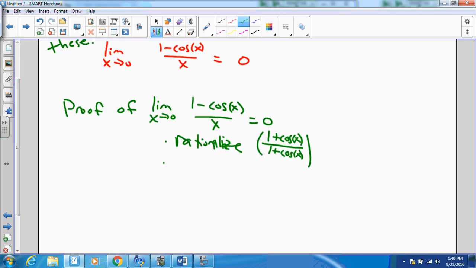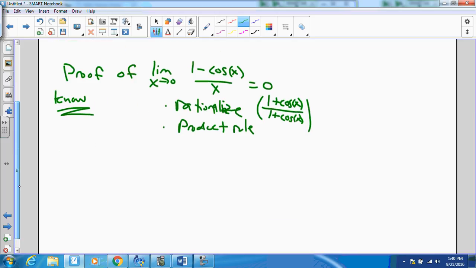And after we rationalize, then we use our product rule to peel off the factors of sine x over x and everything else. Yep. So everybody needs to know how to do this also.